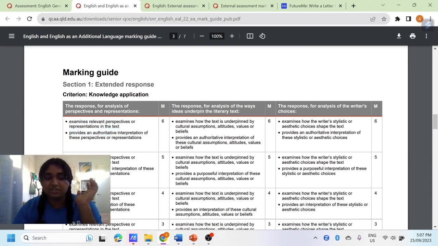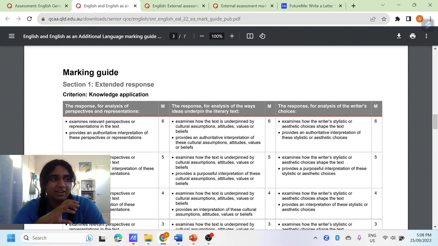And then the second thing is you cannot be indecisive with the English external. You have to be very strong with your point and be authoritative in your interpretation. What that basically means is throughout the entire essay, you need to be proving the same thing, or you need to be arguing the same thing.